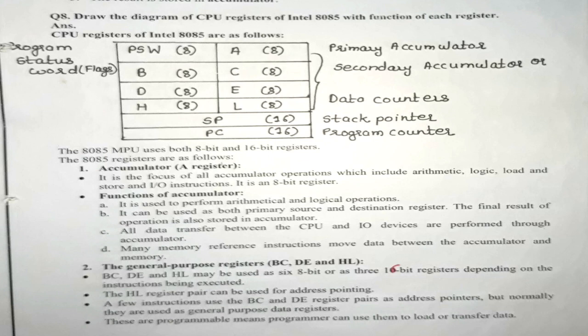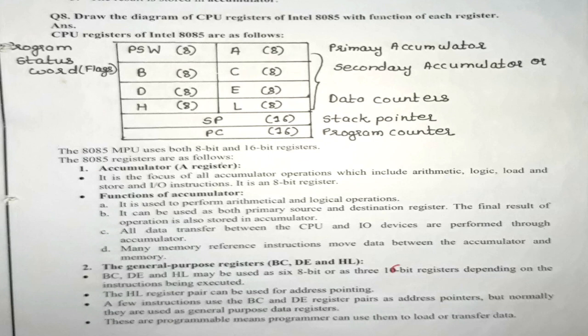The next function is that many memory reference instructions move data between the accumulator and the memory. Memory reference instruction means we have the LDA instruction and the STA instruction. In this type of instruction, we always use a memory location along with the instruction. As in the names LDA and STA, A is there, and A stands for accumulator. So these are the memory reference instructions, because of which the data is moved from a specific memory location inside the accumulator.